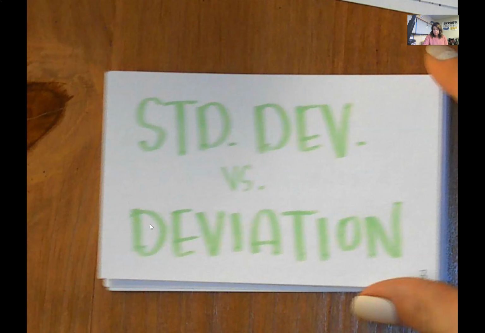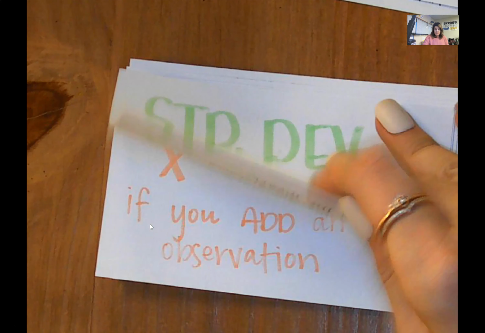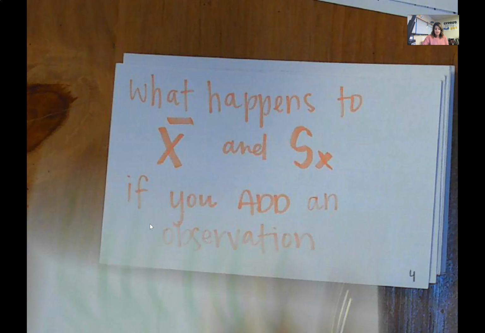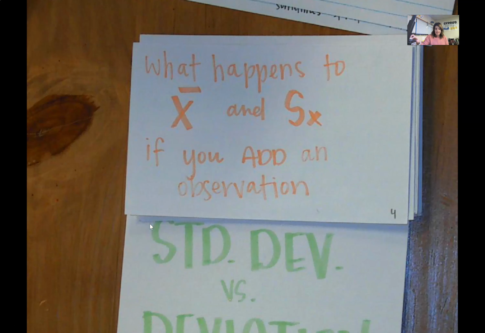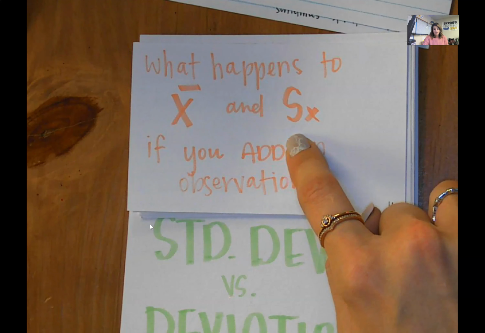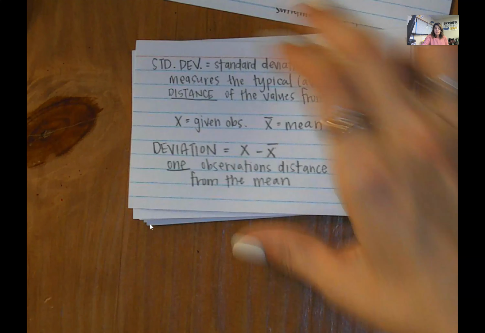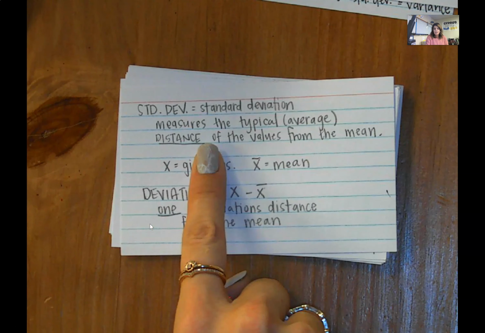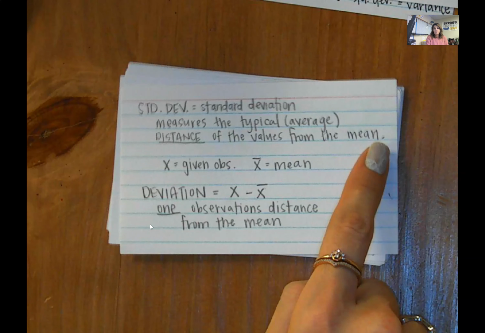Next up is, please be aware that there is a difference between standard deviation and deviation, and you're going to see that reflected in this flashcard. So standard deviation measures the typical distance or the average distance of all of the values from the mean.